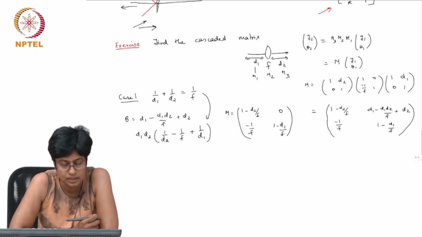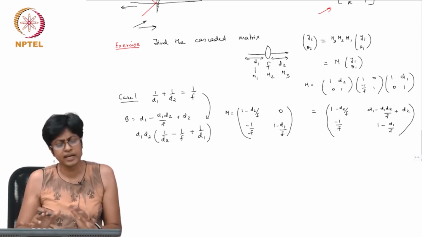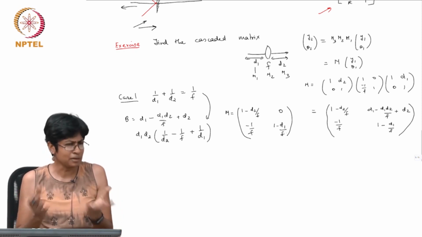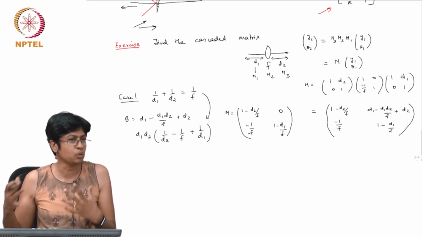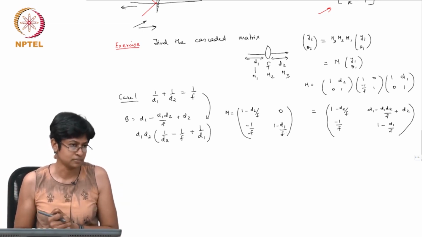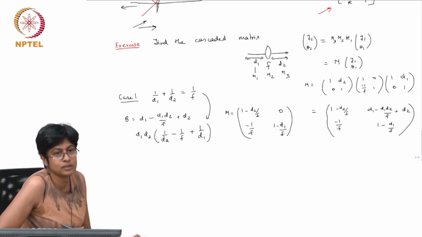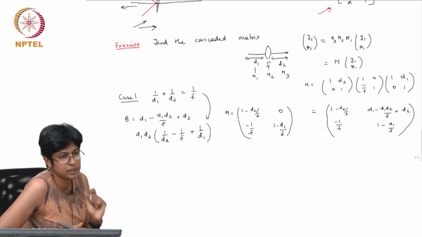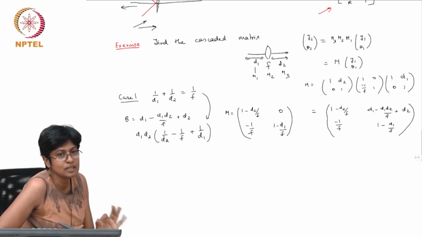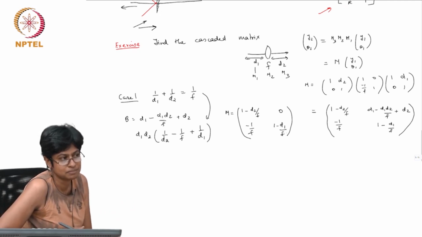What is this telling us? Forget how I arrived at this; I am asking you what is the significance of having the B coefficient as 0? What does it mean when you say an optical element or an optical operation has B equal to 0?